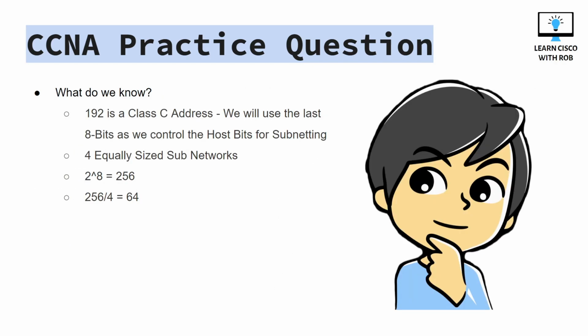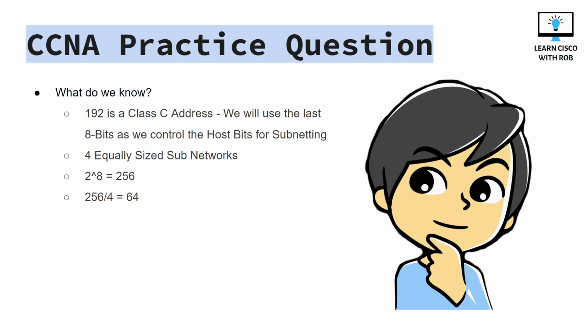What we need to ask ourselves is, what do we know already? So the IP address was 192.168.100.0. We know that 192 is a class C address, so we only have 8 bits that we can manipulate for subnetting.